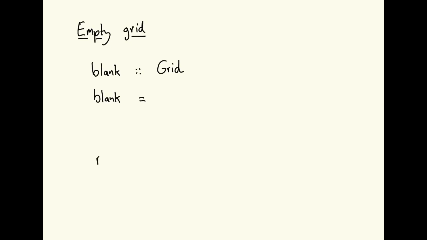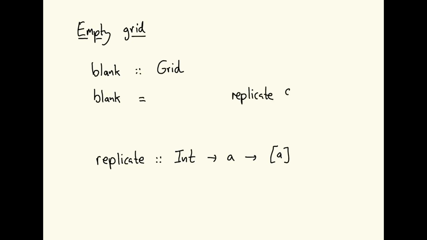The library function is called replicate. So what does replicate do? Well, you can kind of guess just by its type. It takes an integer, and then it takes a thing, and it's going to build you a list of that many copies of the thing. So for example, if you said replicate 9, and then a single character dot, that will build you a list with 9 dots.